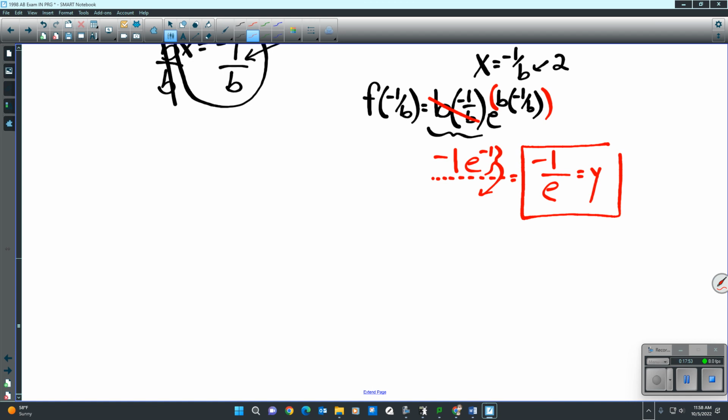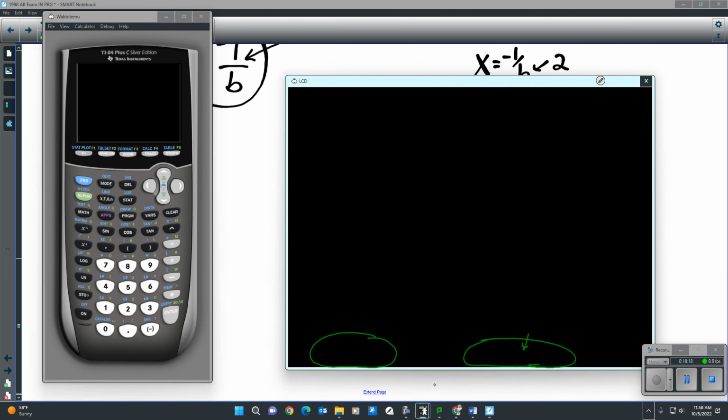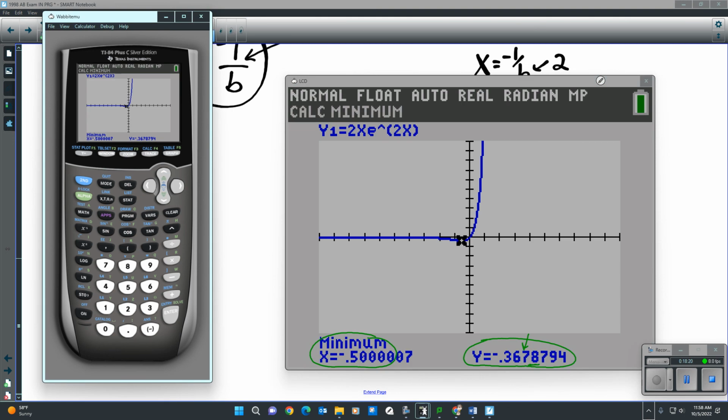That will never change no matter what b is. How come? There's no b left to affect it. That will always equal negative 1 over e. Always. Guess what negative 1 over e equals? Should we check that on our calculator? And you might say to yourself, why don't I get that?